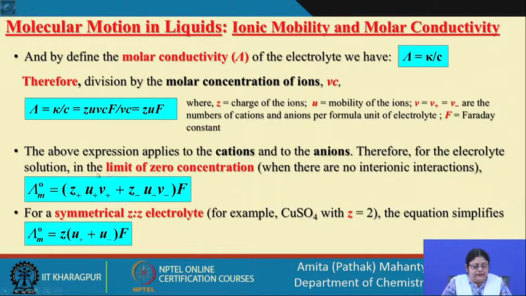Therefore, for the electrolyte solution in the limit of concentration 0, meaning a very dilute solution where there are no ionic interactions interplaying in the solution, what can we have?